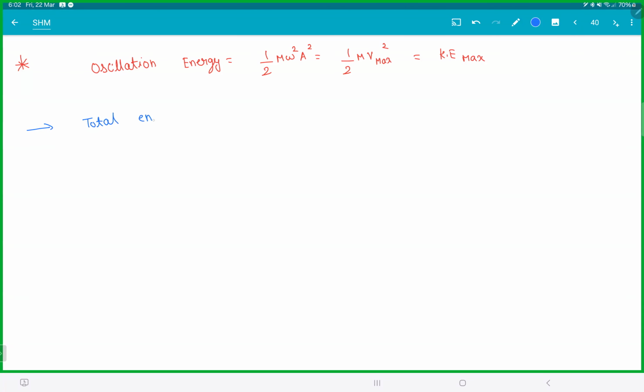They can be equal. Not equal if U mean is not 0. If U mean is 0, then both are equal.